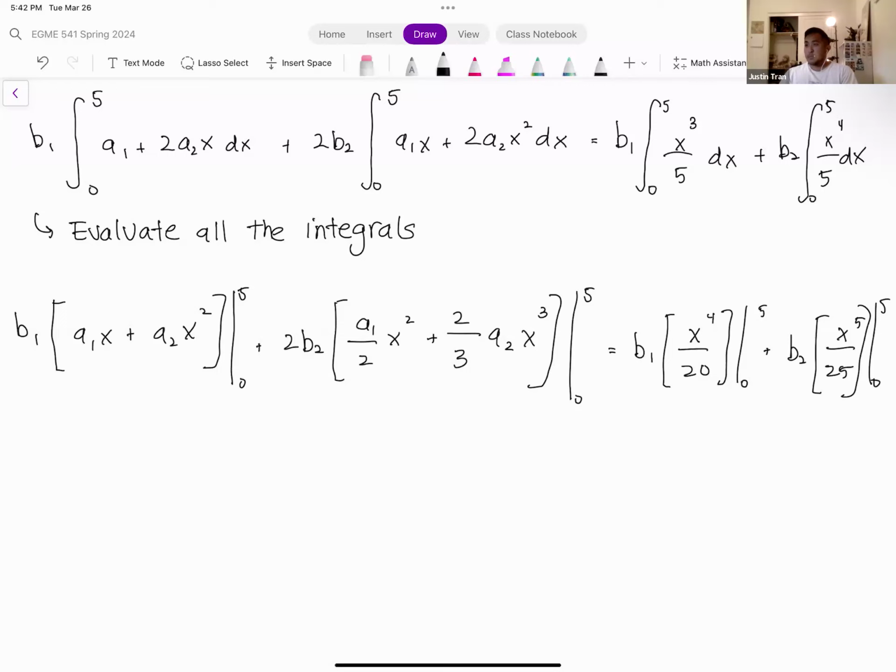So all I did in that step was just evaluate all of my integrals. Okay, so now they are all evaluated. So now we're going to plug in the integration bounds.